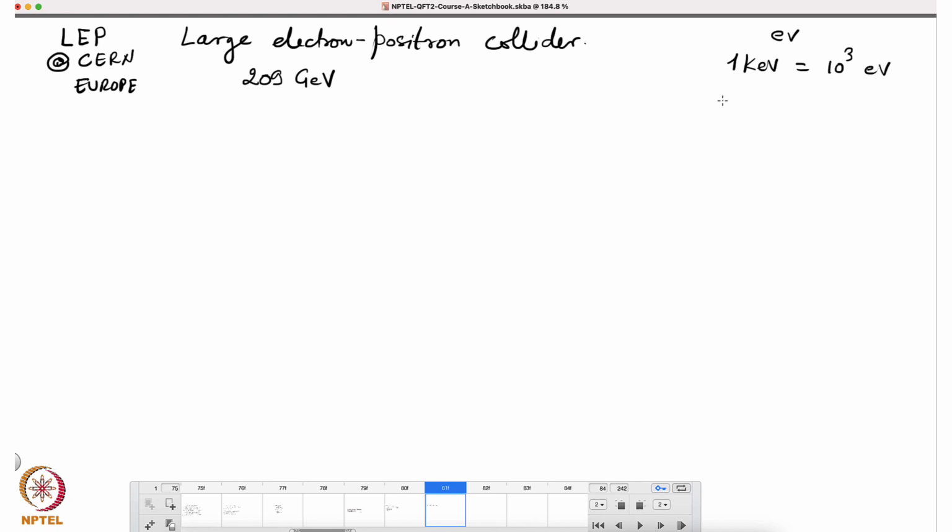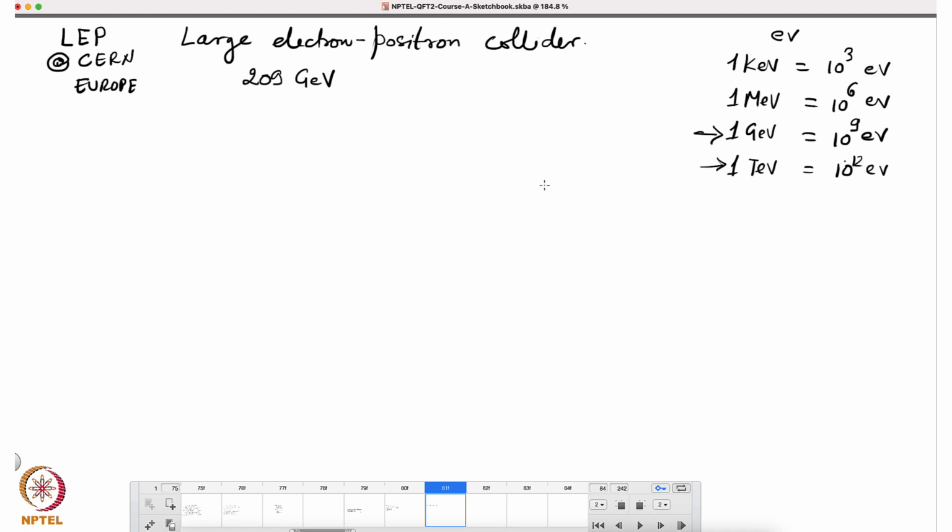Then 1 mega electron volt, which is 1000 times more than this, so 10 to the 6 electron volts or 1 million electron volts. And then you have 1 giga electron volt, which is again a factor of 1000, and then 1 TeV, which is 10 to the 12 electron volts. Okay, so you see that 209 GeV is somewhere between these two.